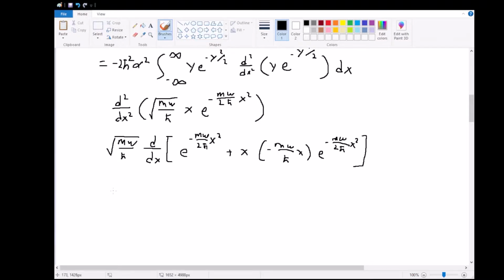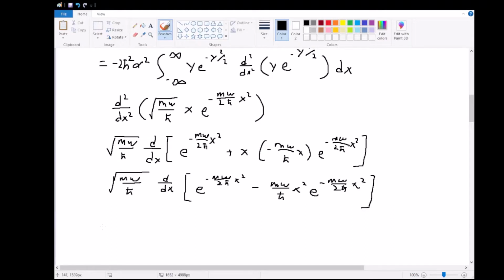Anyway, we can take square root m omega over h bar, same thing, d by dx. Let's make this a little bit nicer. So e to the negative m omega over 2h bar times x squared minus m omega over h bar times x squared times e to the negative m omega over 2h bar times x squared.